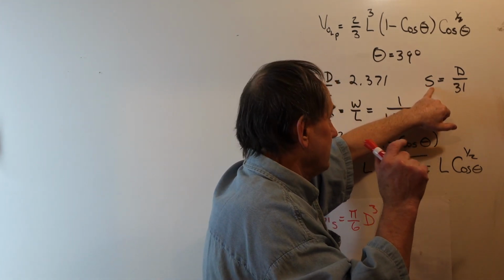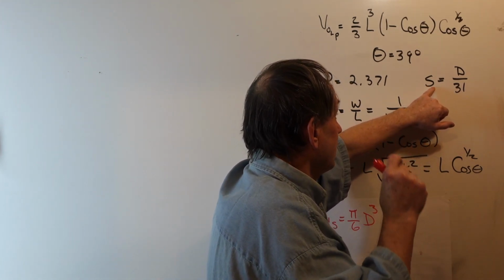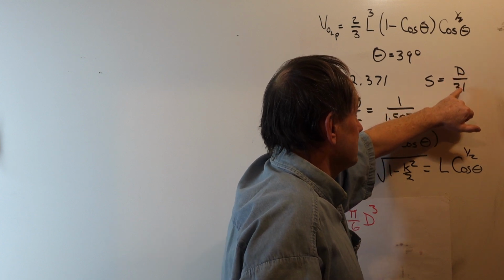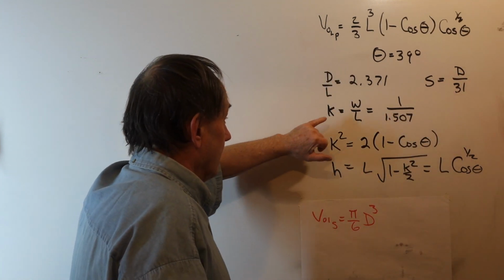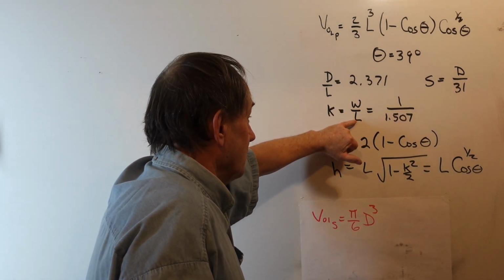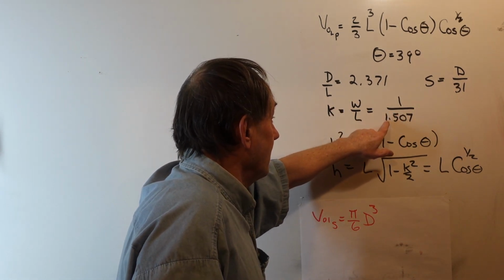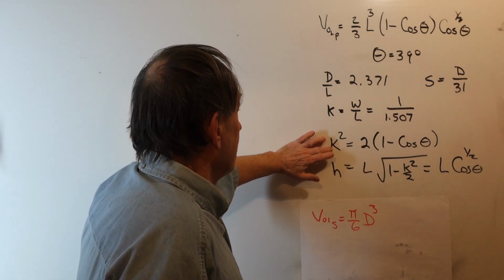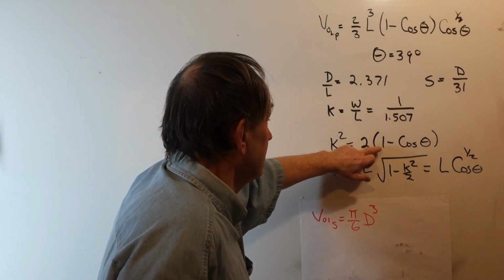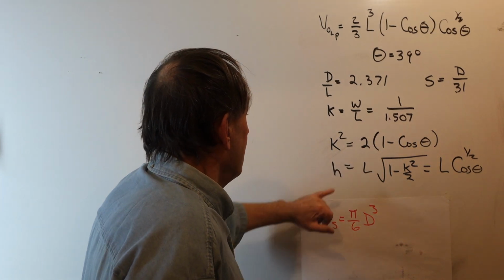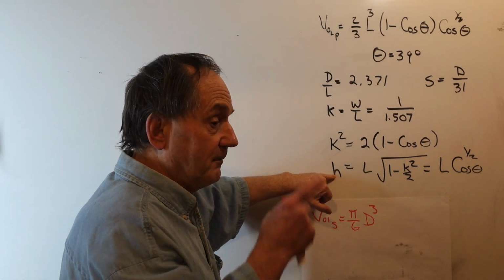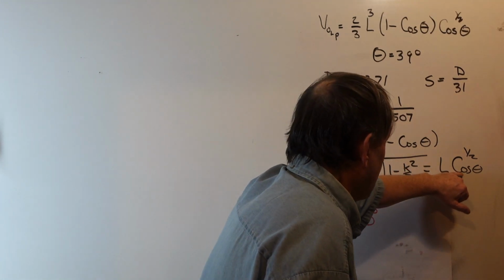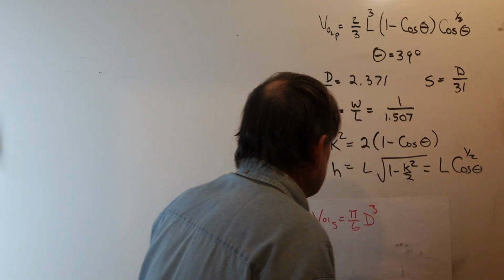The gap length in terms of the sphere diameter is the diameter of the sphere divided by 31. Our K value is W over L, which is 1 over 1.507. Our K squared can be written in terms of cosine in this manner, and then the pyramid height from the center of the base up to the apex is L times 1/2 of the cosine of theta.